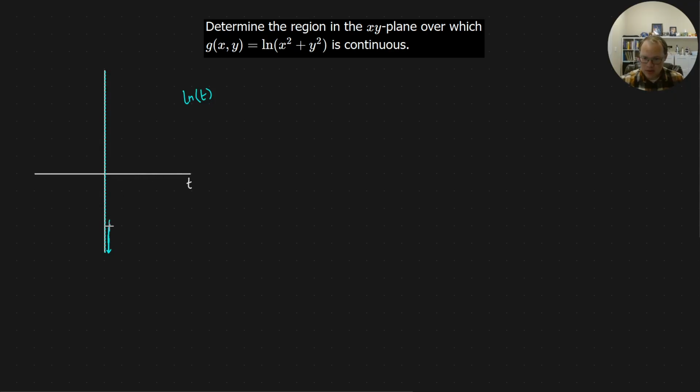And then as t increases, we get something like this. Notice in particular, the natural log function is only defined where t is greater than 0. But as long as t is greater than 0, the function is continuous, right?